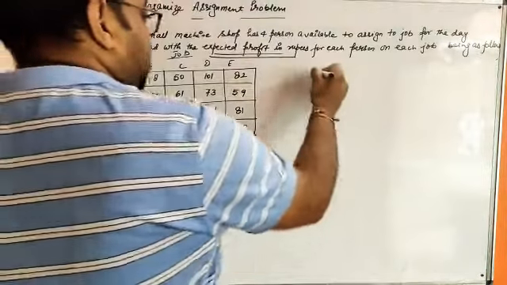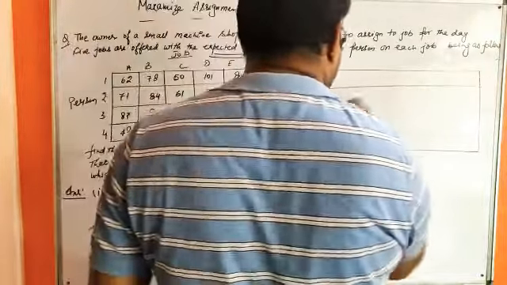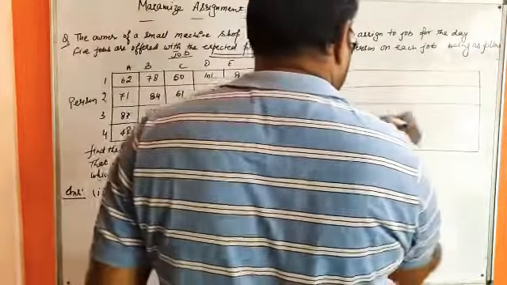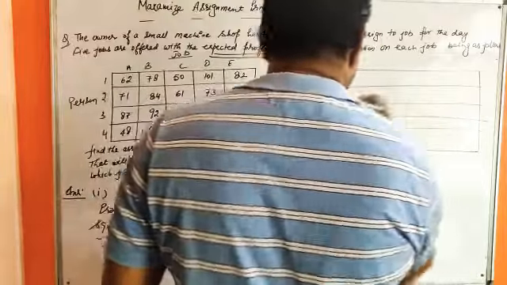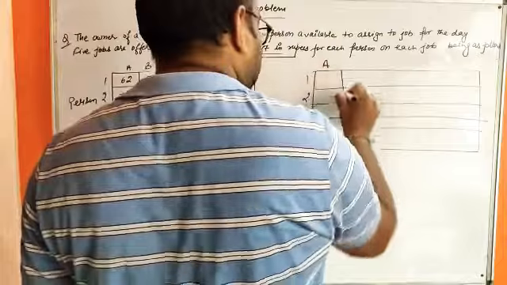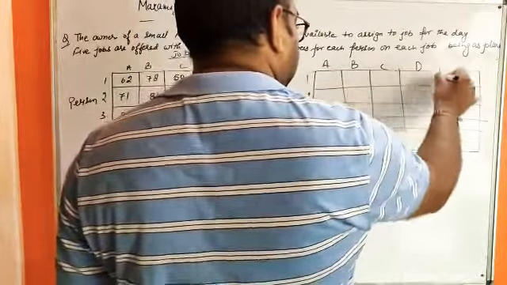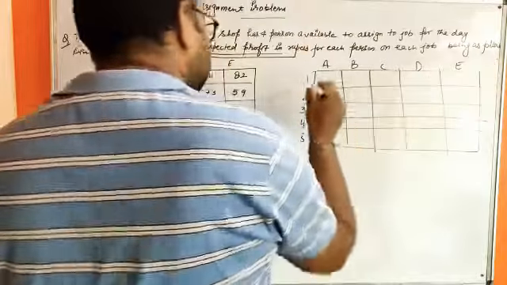So make a matrix with rows one, two, three, four, 5 and columns A, B, C, D and E.